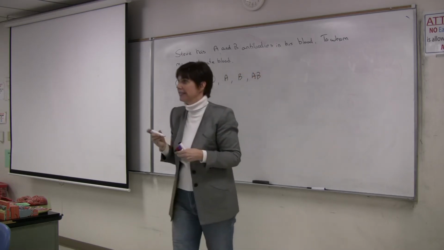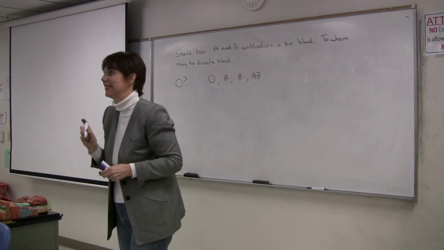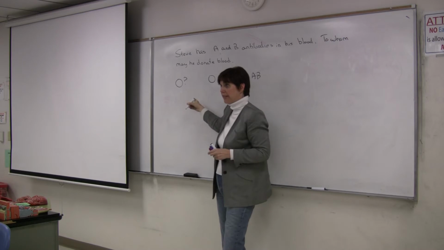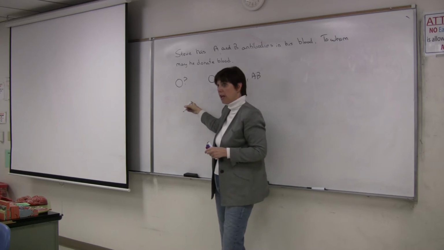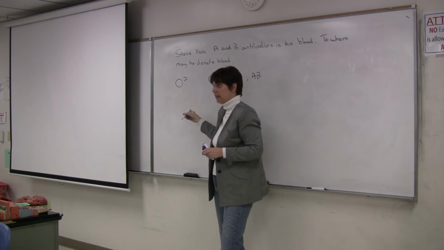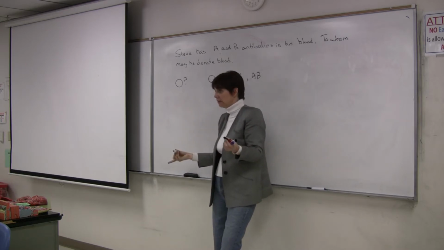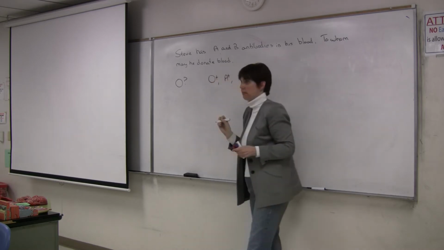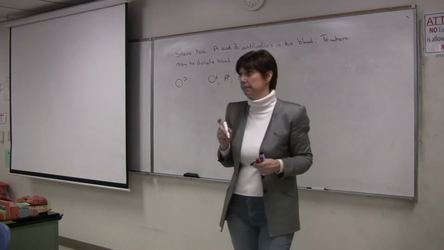Positive or negative? Only positive, okay? Because we don't know if he's positive or negative. And since we don't know, we don't want to be giving positive to negative. Positive can receive either, so just to be safe, he should only give his blood to positive. That's all we know about it.